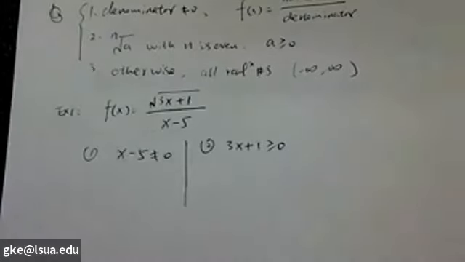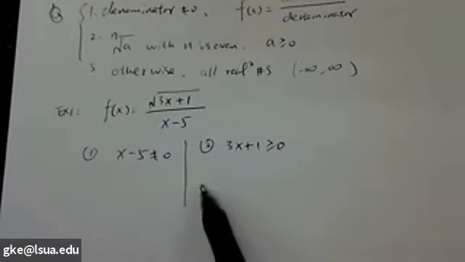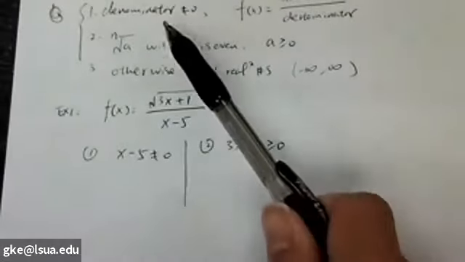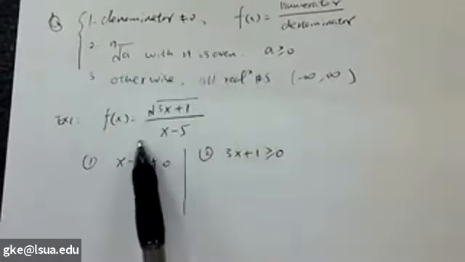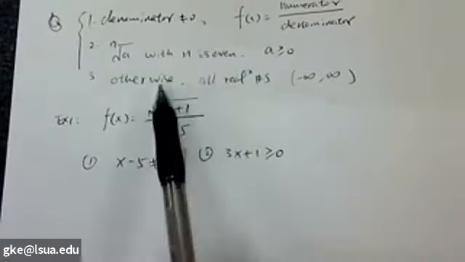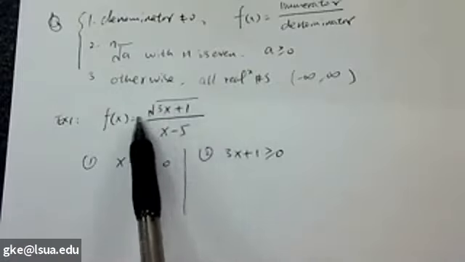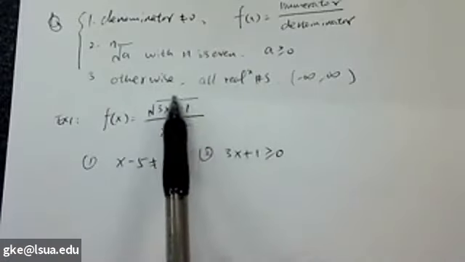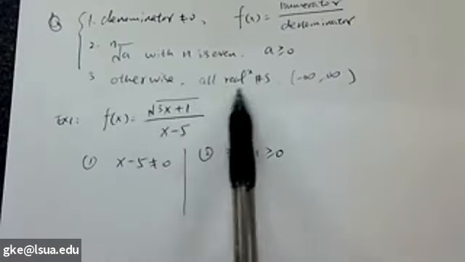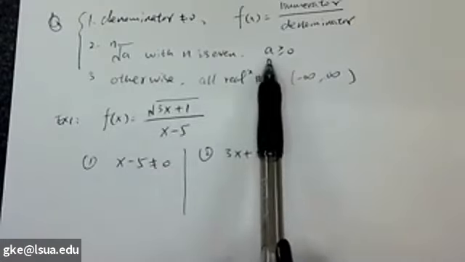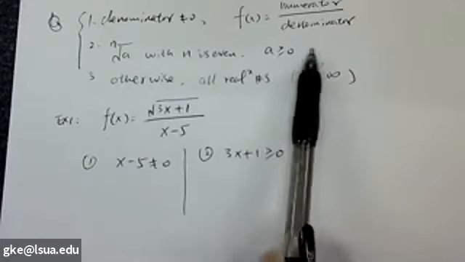So do you guys understand these 2 scenarios? The first case is corresponding to the first scenario, right? Denominator never be 0. Second case, we have a square root. So that means we want this to be greater than or equal to 0, right?